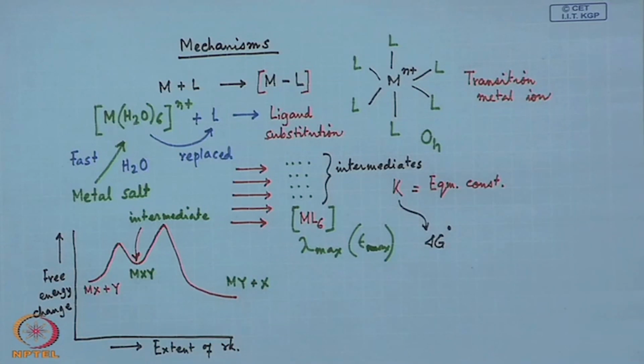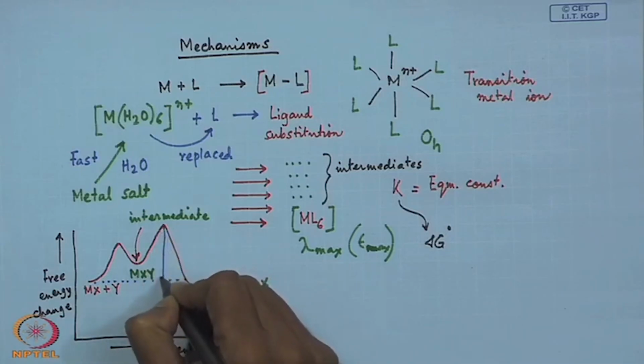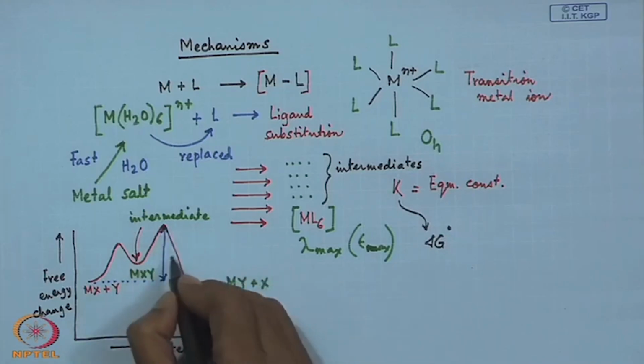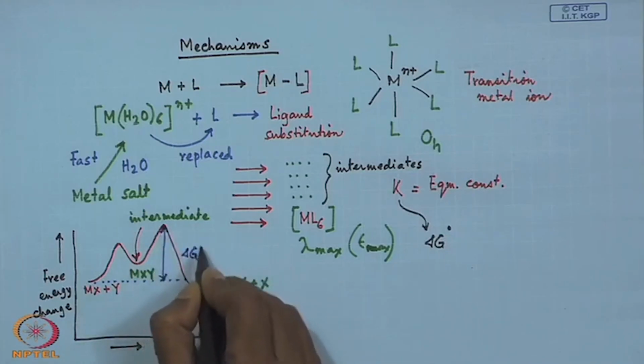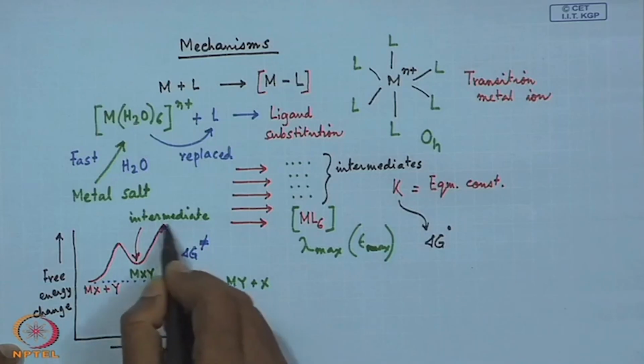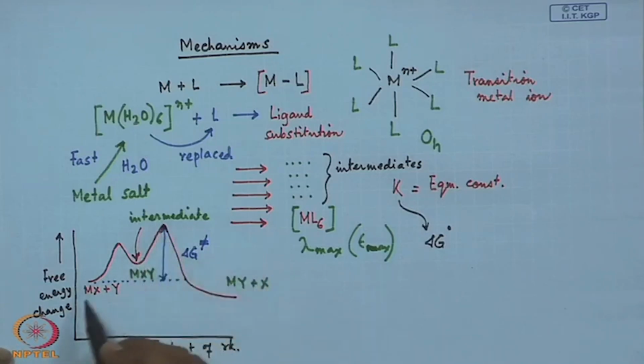In this particular case, the amount of activation we get from there is nothing but the free energy of activation, which is different from the free energy change, but how we get this free energy of activation is basically the activation barrier.